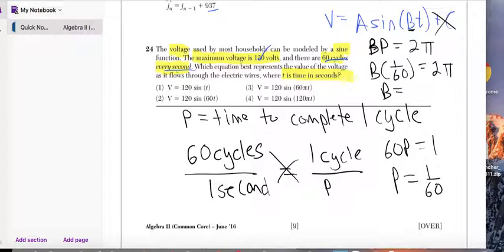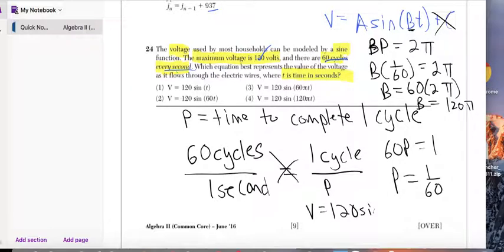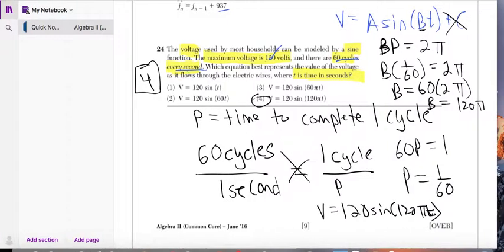So b is equal to 60 times 2 pi, which ends up being equal to 120 pi. I know I'm running out of space. So the equation then should be v equals 120 sine 120 pi t, which is choice 4, beyond a shadow of a doubt, like I said before. There were other ways to do this, but I don't want to complicate things, so we'll leave it at that.